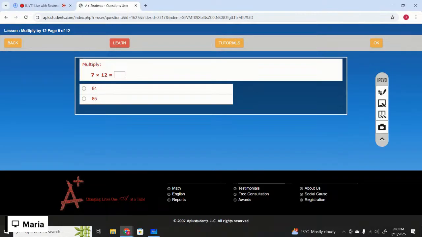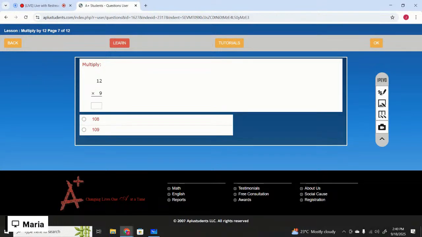7 times 12 is 84. It is option number 1 is the correct option. 12 times 9 is 108.